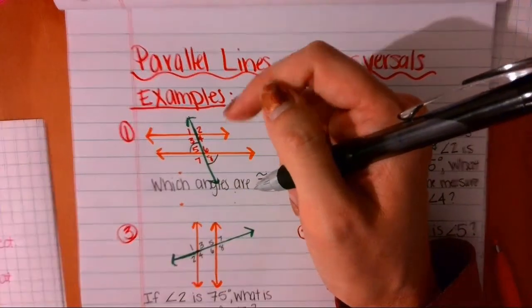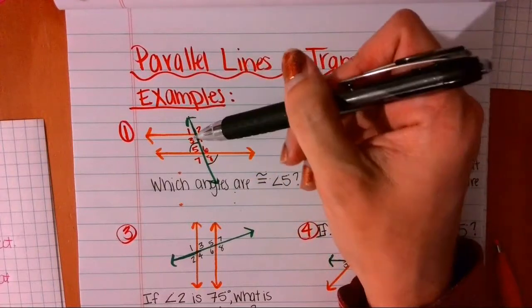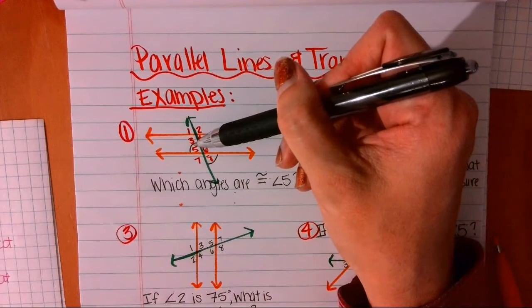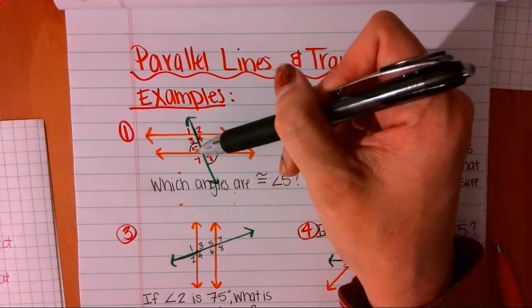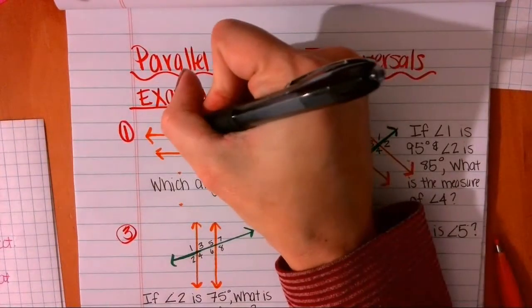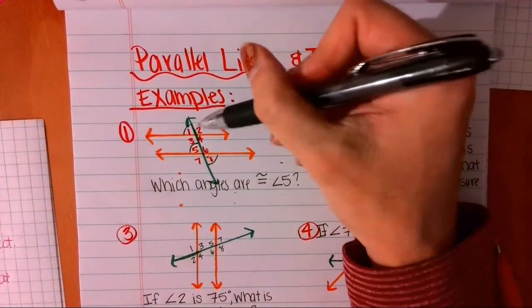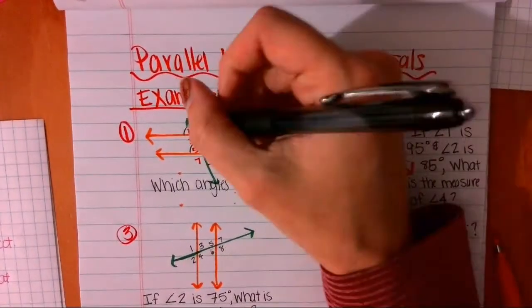Well then, our angle pair relationships, when we look at it, I can see that 1 is in the same place as 5, and these two lines are parallel, and they have the same transversal. So I know that angle 1 has to be the same. And then I can use the same logic I used to find 8 and say that 4 is across from 1, and it has to be congruent as well.